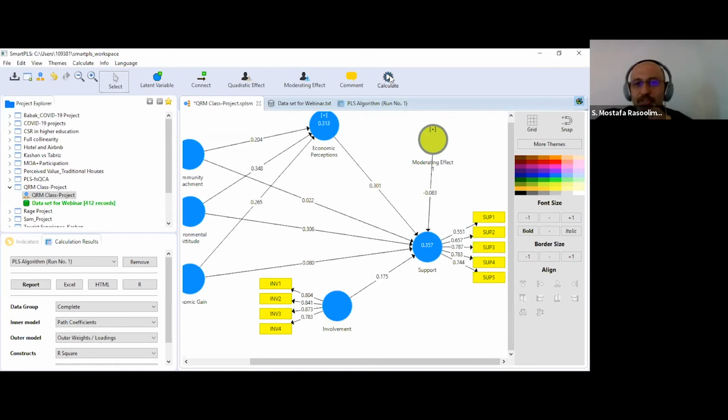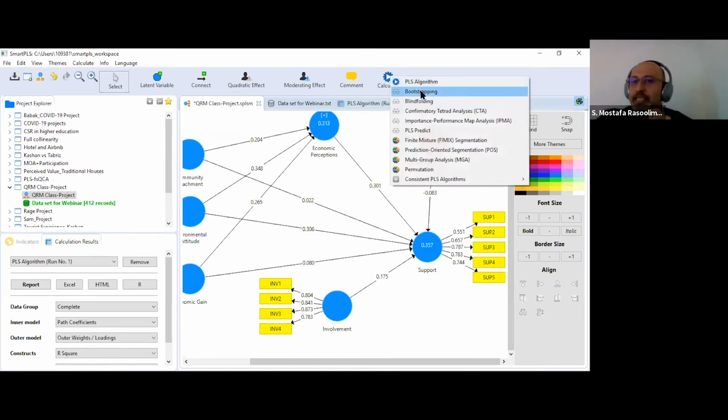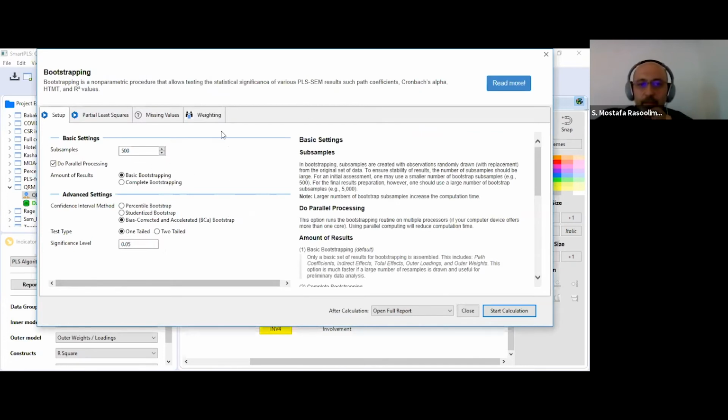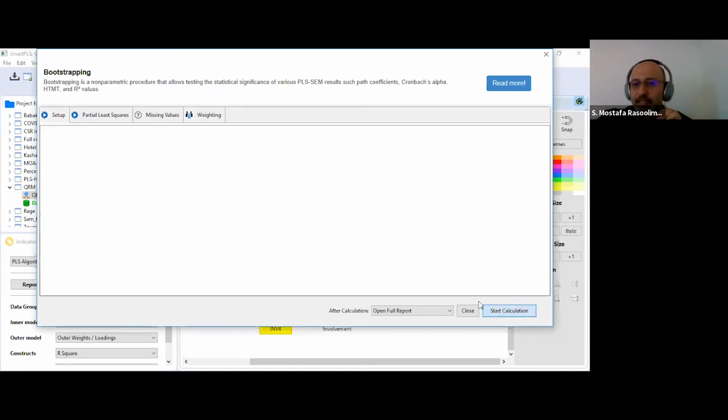So let's run bootstrapping to see whether this is significant or not. For this bootstrapping, I just put a subsample of 500 to do it faster. But for analysis, you have to change it to 5,000.